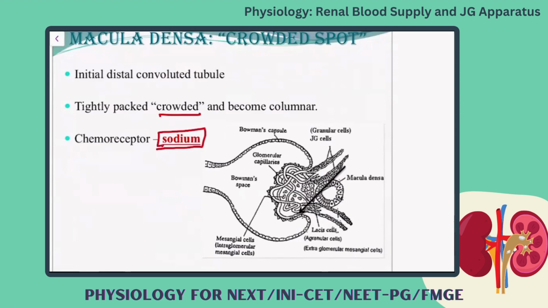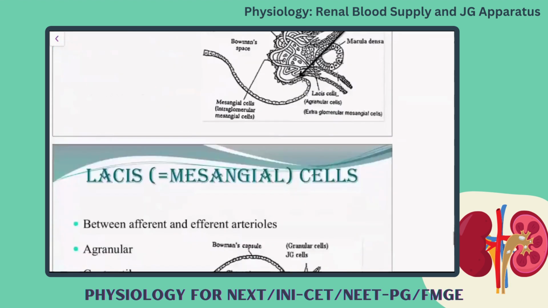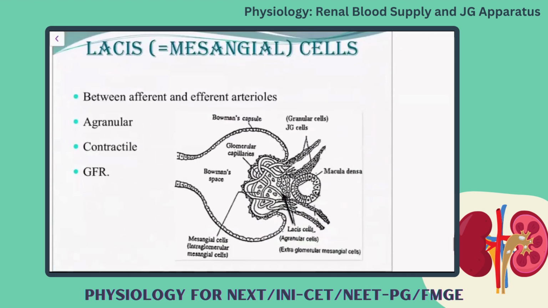Blood pressure is regulated by renin from the juxtaglomerular cells, and blood volume, body fluids, is because of the macula densa, which is a chemoreceptor for sodium. And the third one we have seen is the Lacis cells. Their main role is to maintain the GFR, glomerular filtration rate.